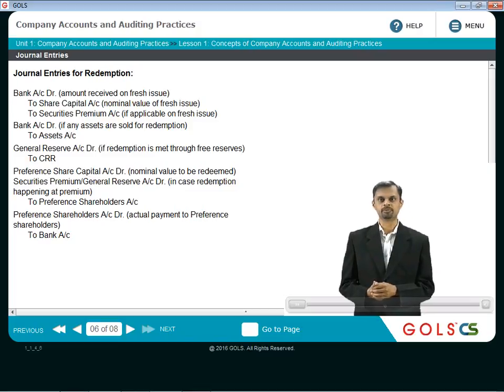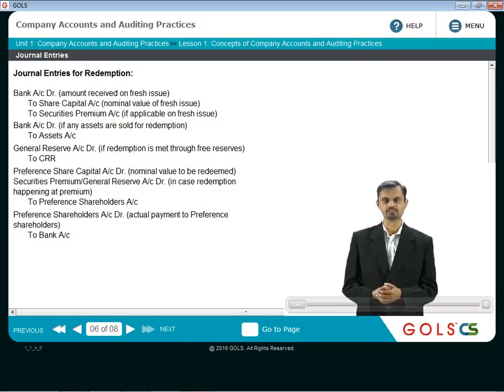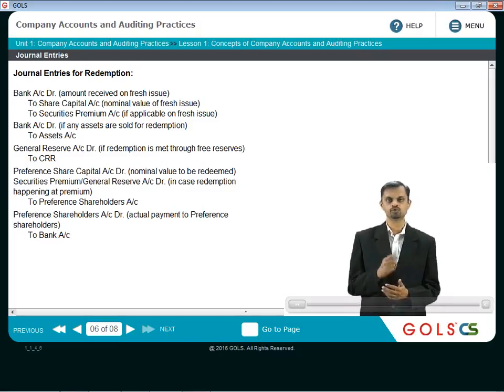If the redemption is happening at premium, it will be met out of the securities premium balance or general reserve balance. Because remember, in the uses of securities premium, one of the uses is the premium payable on redemption. So that is why here you can utilize securities premium balance.